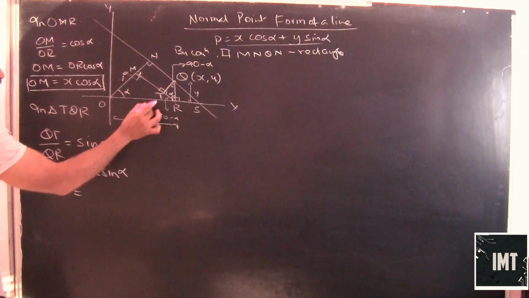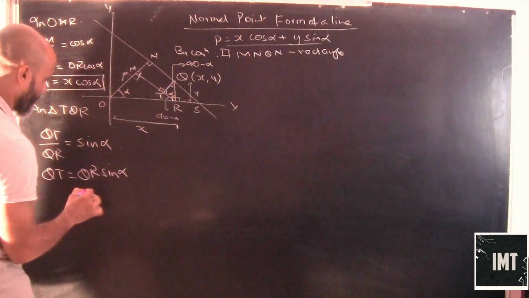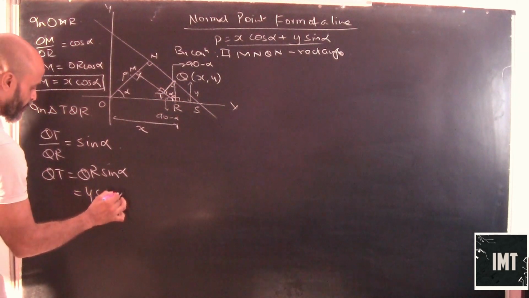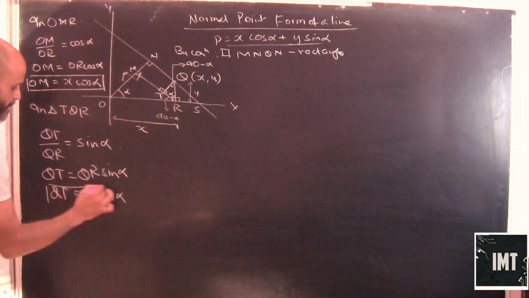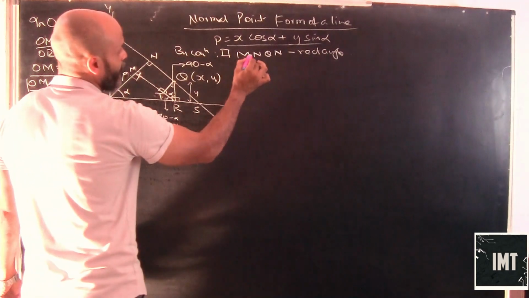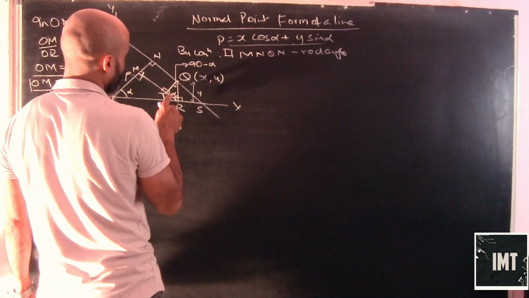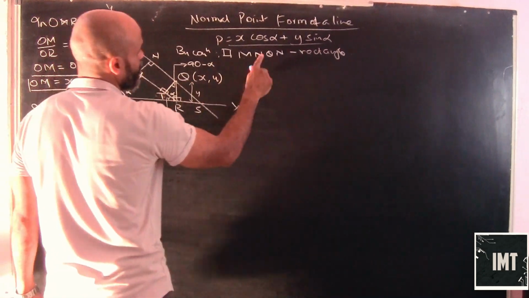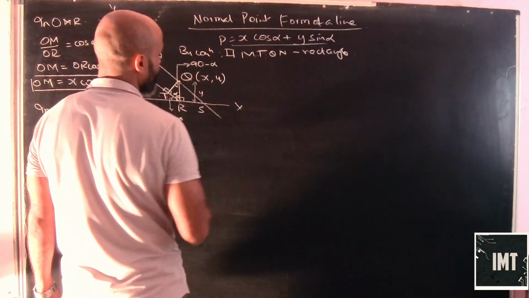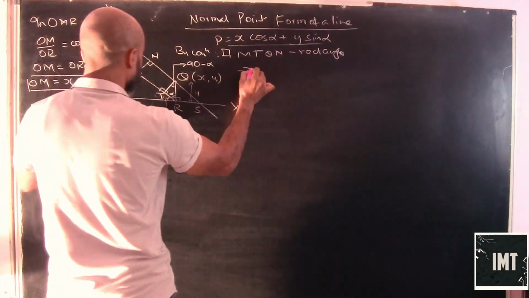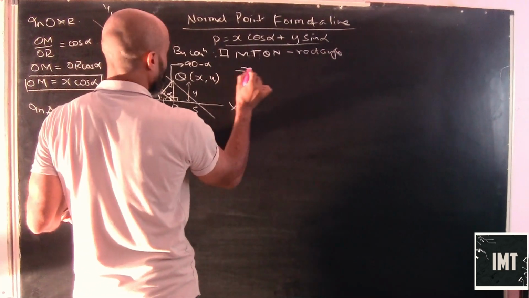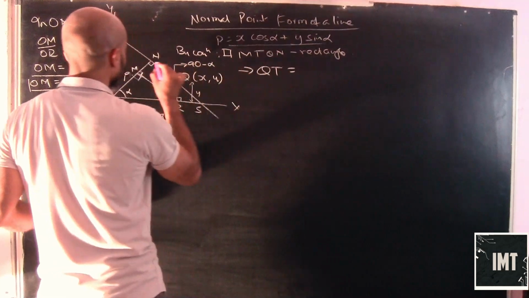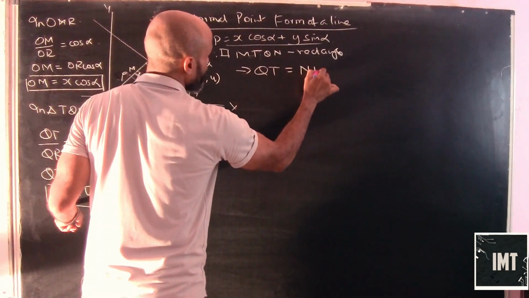QR is y, so y sine alpha. Now since we have already shown that MTQN is a rectangle, obviously we will have QT equal to NM.